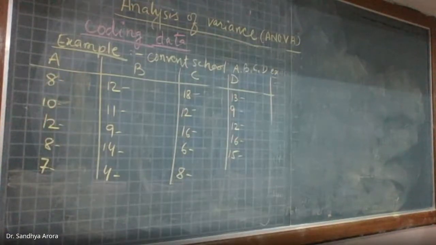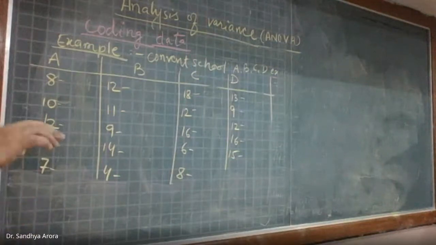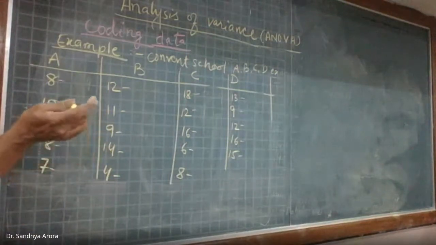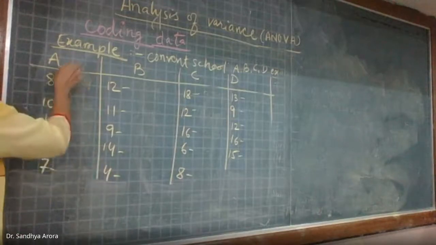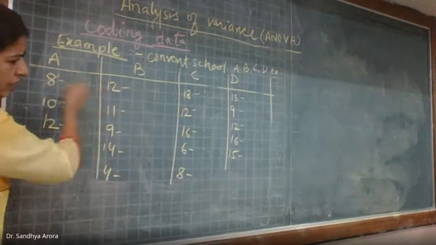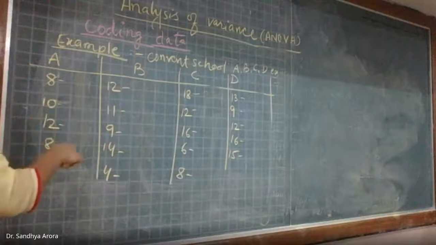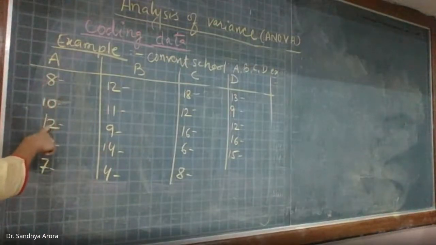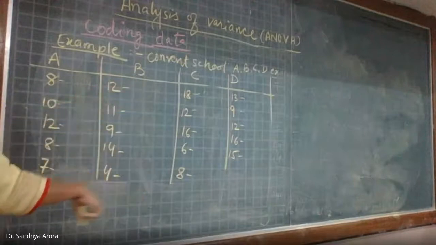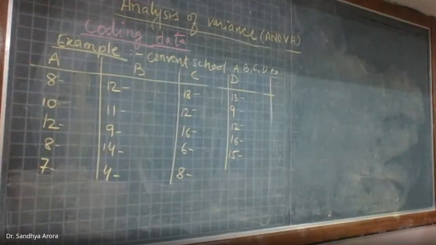You can subtract something from or add something to the data so that it changes to something else which might be easy for you to calculate. Since this data looks to be around 10, it is 8, 10, 12, 8, 7. Look at all the data items and find a quantity.